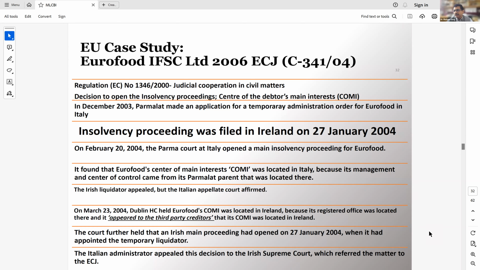So in the EU, usually when there are cases in two countries, there is no international commercial court which can decide upon the commercial matters of the countries. The ICJ, the International Court of Justice, deals with matters between countries. Subject matters are countries, not individuals. So this is not private law.